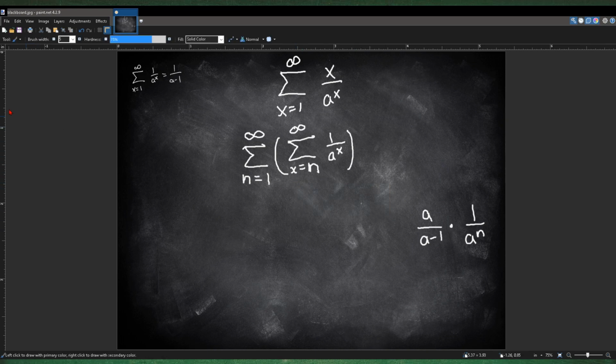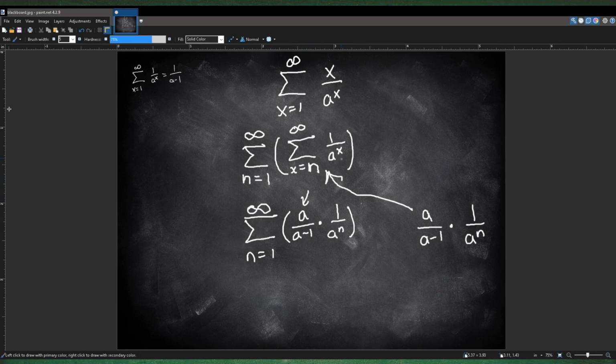Okay, so substituting this into here, we have a summation where n is equal to 1. We already simplified our inner summation. Now we just need to get our outer summation, which is a over a minus 1 times 1 over a to the n. Remember, a is a constant.